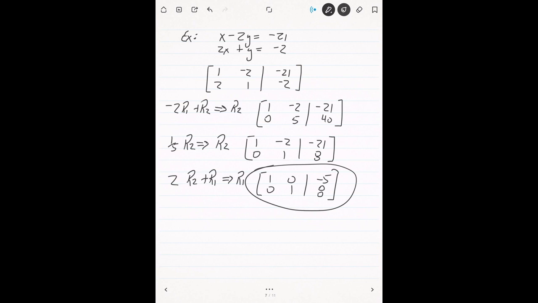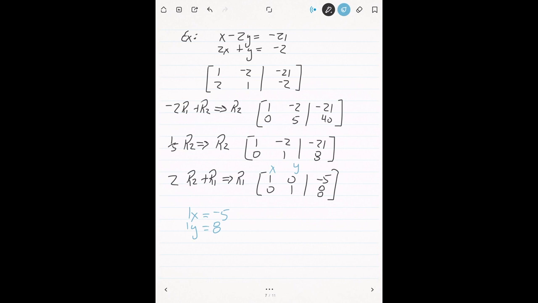Now, once it's in this form, we can go ahead and identify what the solution is. We have the x values here and the y values here. So we can say 1x equals -5 and 1y equals 8.